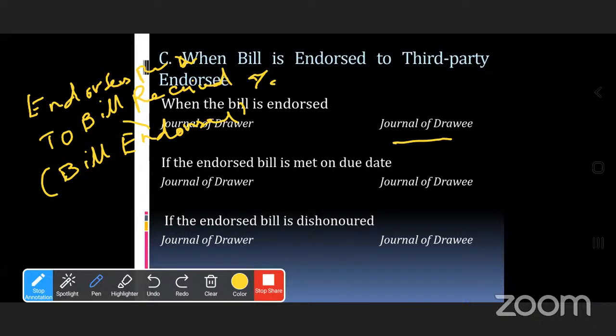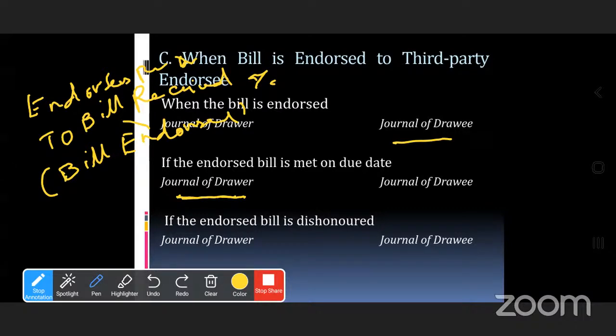Suppose the endorsed bill is met on the due date. Here, there will not be any entry in the books of the drawer, as he has already endorsed the bill to settle his debt. So there will not be any entry.